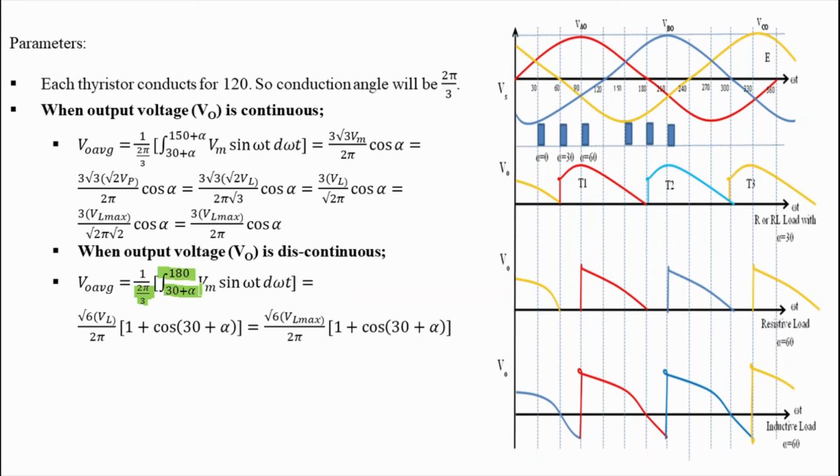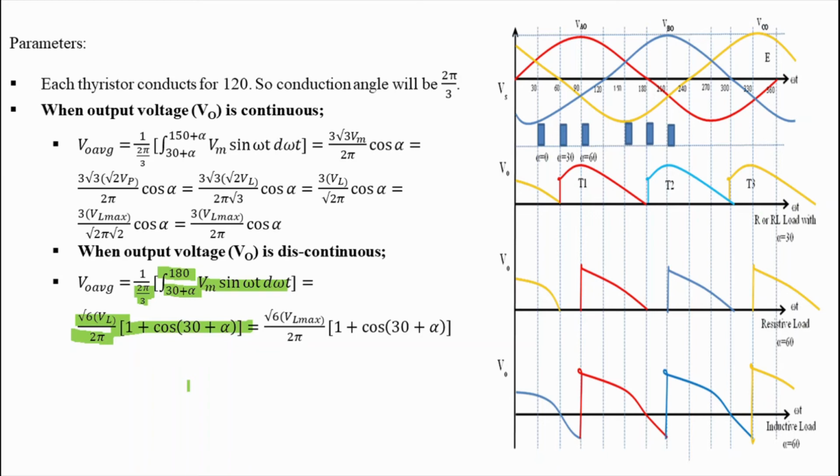That is Vm sin omega t. So on integrating Vm sin omega t from 30 plus alpha to 180 degree and dividing it by the time period, we get root 6 VL upon 2 pi times 1 plus cos of 30 plus alpha. So this is the expression of average output voltage in case of discontinuous conduction mode.